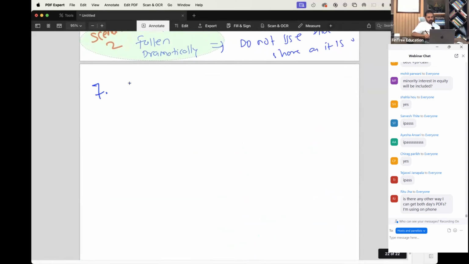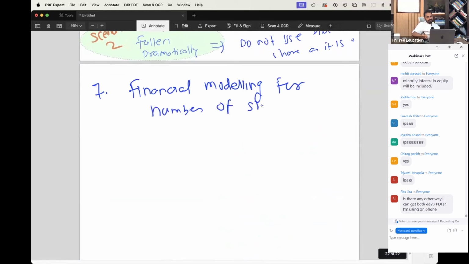Section 7 is on financial modeling for number of shares. Imagine you're a sell-side analyst. You need to forecast future EPS. You need to forecast what will be the EPS 1 year from now, 2 years from now, 3 years from now.